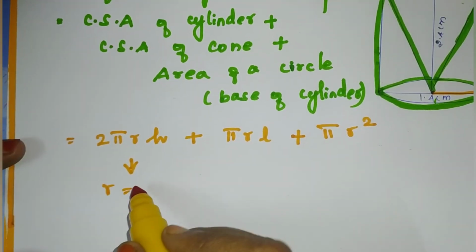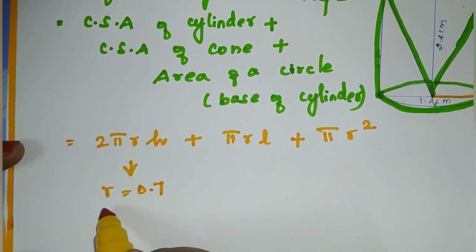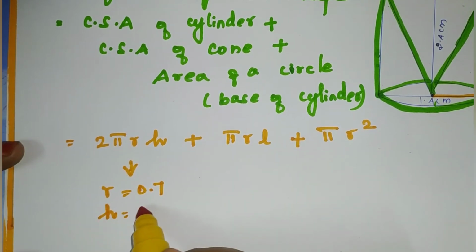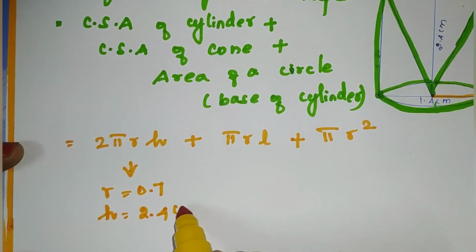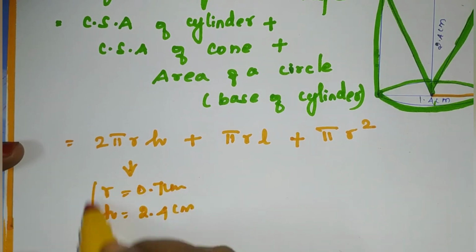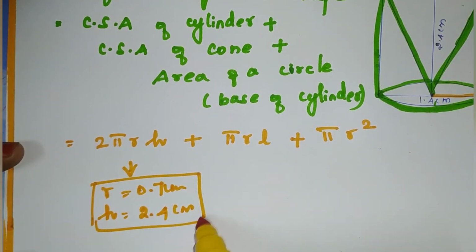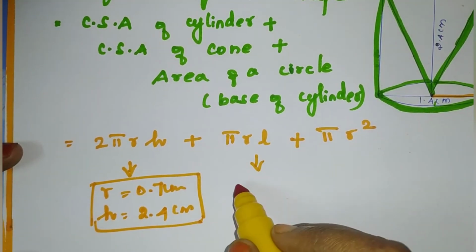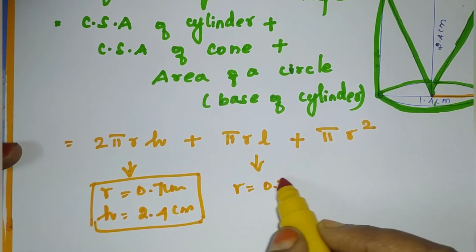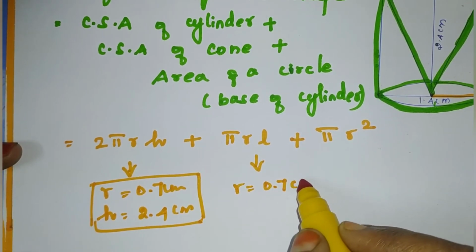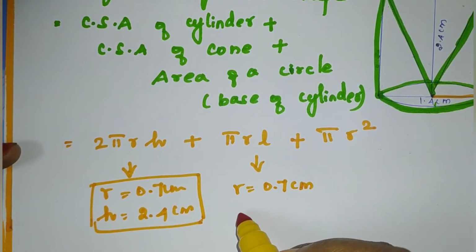Radius for the cylinder is 0.7 and the height is 2.4 centimeter. And then for the cone, the radius is the same, 0.7 centimeter, and the slant height.